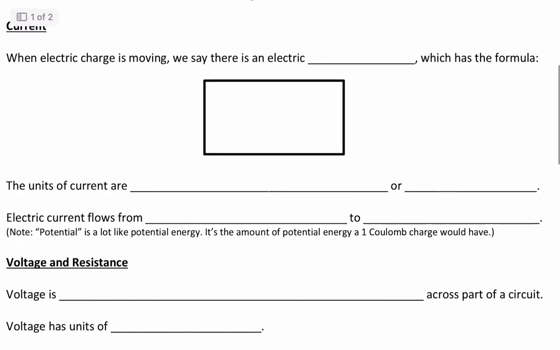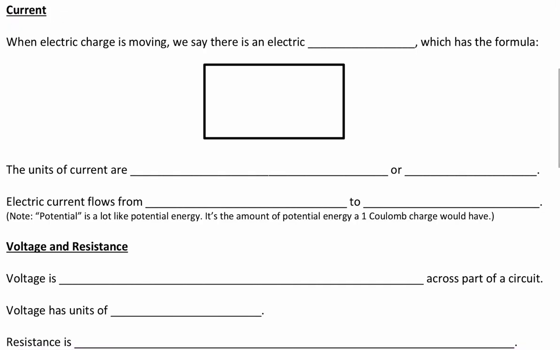So when electric charge is moving, we say there is an electric current, which has the formula I equals Q over delta T. So the I here is the symbol for current.